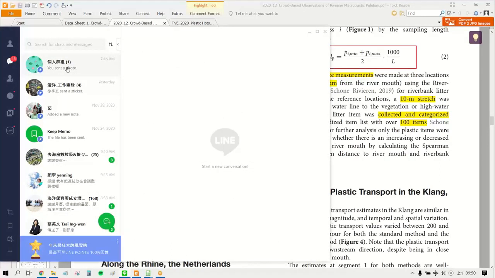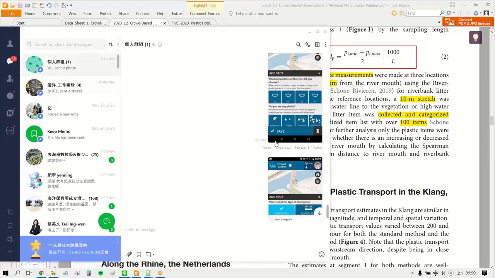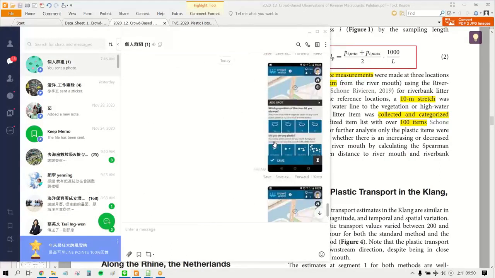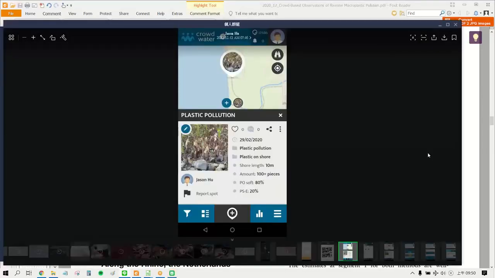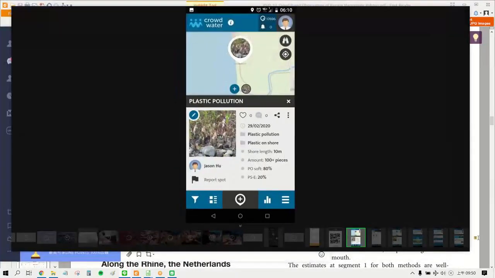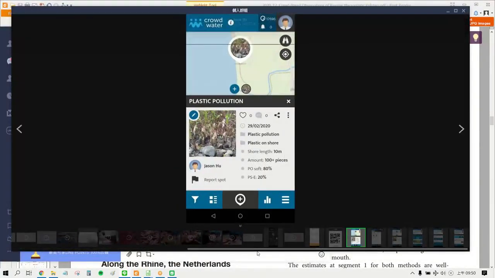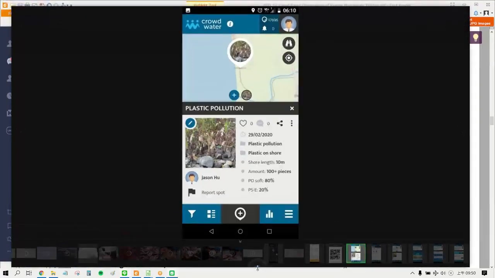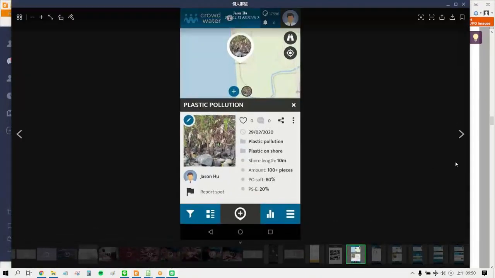Okay, thank you, Sunny. I can show you. I already uploaded two data this morning. One is a riverbank. You can see the screen share, because I took some photos earlier this year and last year.